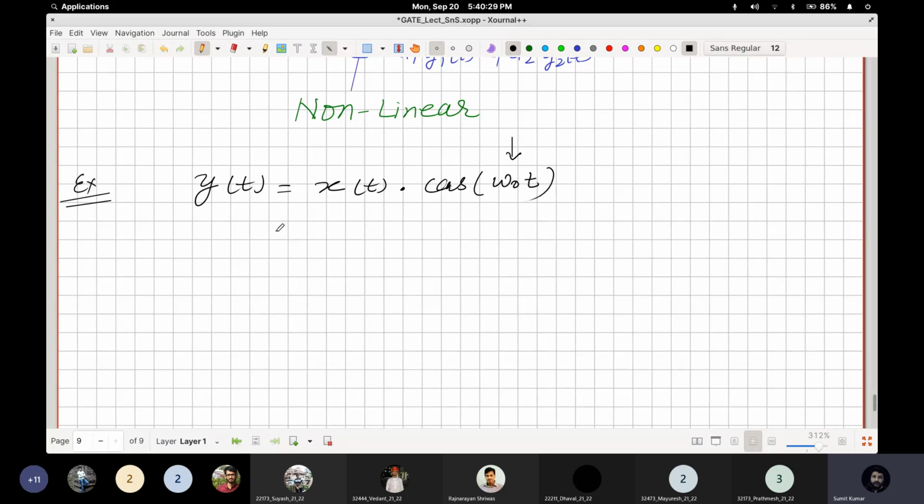Just tell me whether this system will be linear or not. It's a very famous system, isn't it? आप लोगों ने ये सिस्टम पहले देखा है इससे पहले? Those who are in third year, have you seen this system?